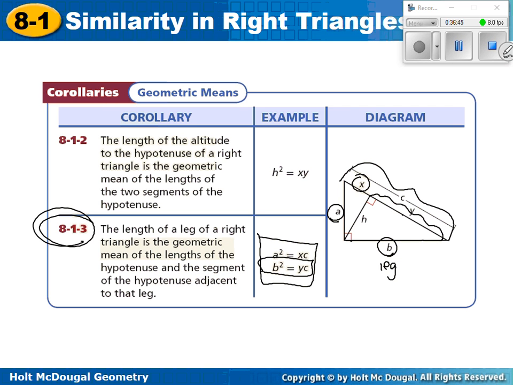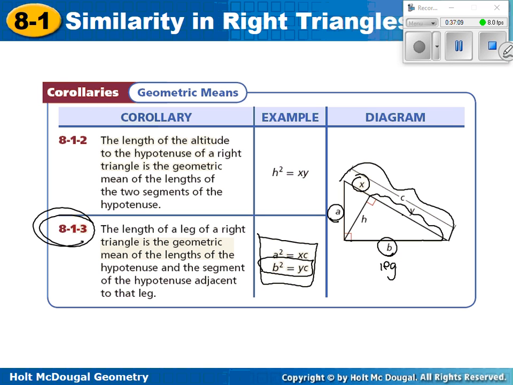So that's where Y comes in, times the whole hypotenuse, C. So in this triangle, either leg, when you square it, will always equal the whole hypotenuse times the part of the hypotenuse that touches the leg, always.